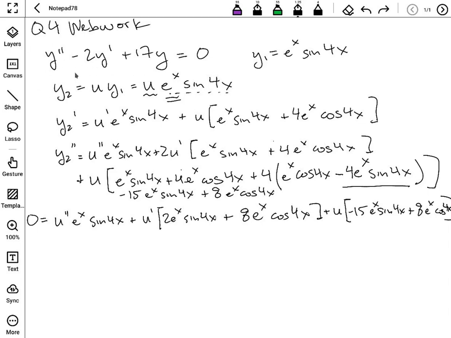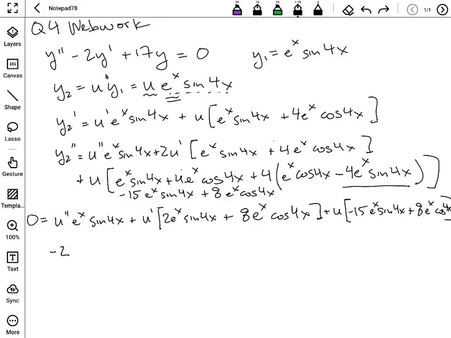Now I'm going to subtract 2 times y prime. So it's going to be minus 2 times this term right here, the y2 prime. I would always recommend writing it out and then simplifying, but if I do that, you all aren't going to be able to see all the functions on the same page.